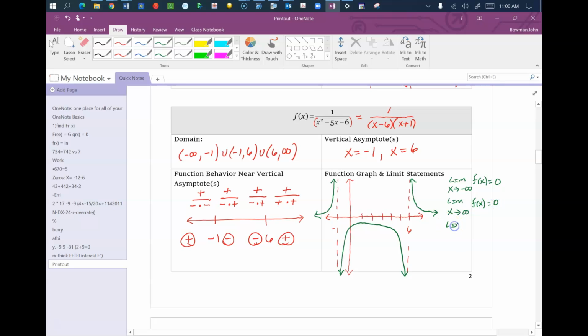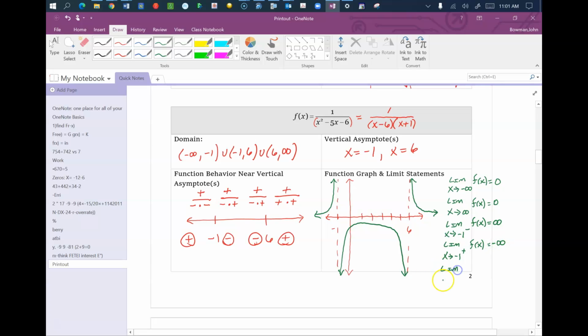The limit as x approaches -1 from the left-hand side of f of x is equal to positive infinity. The limit as x approaches -1 from the right-hand side of f of x is equal to negative infinity.